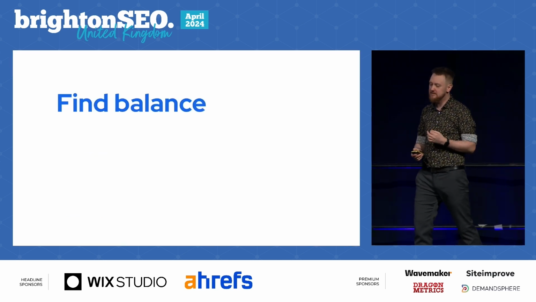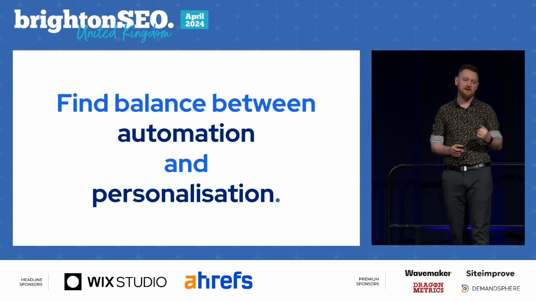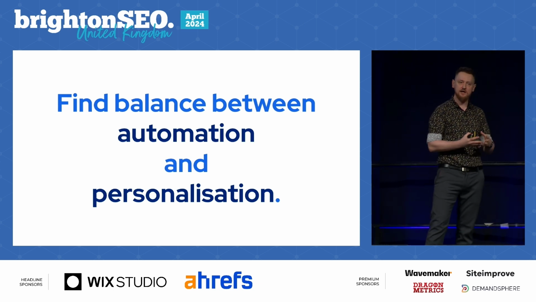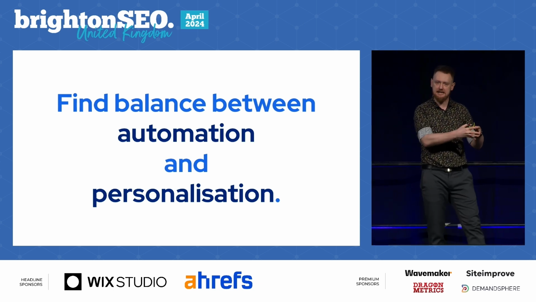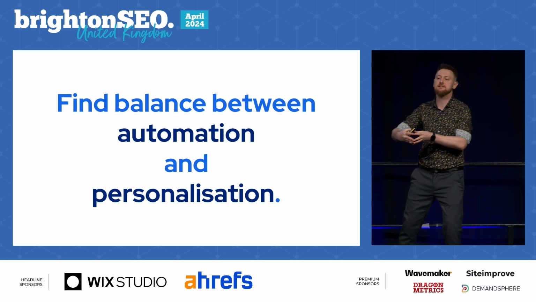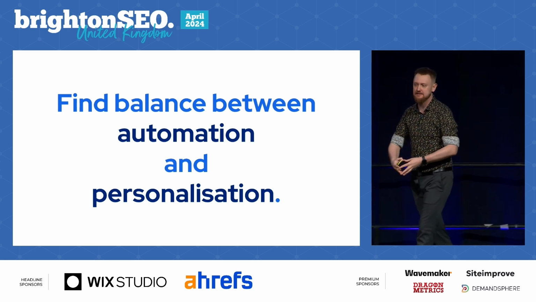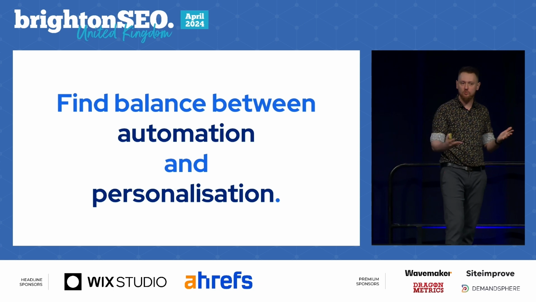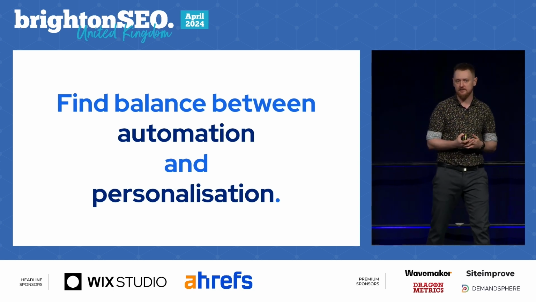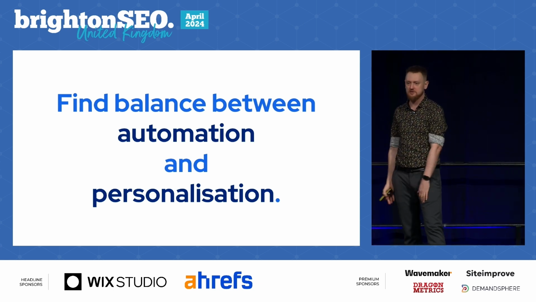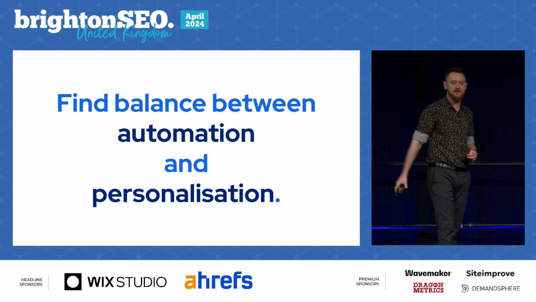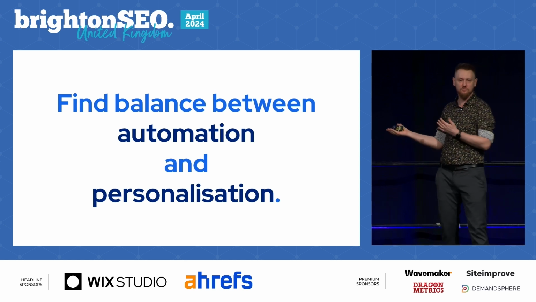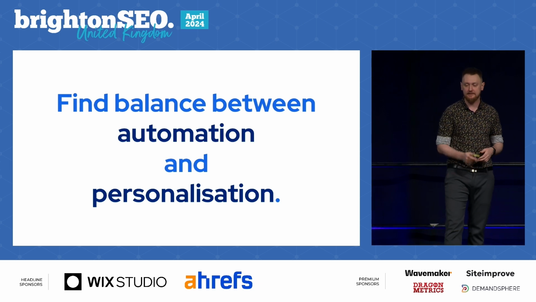However, what I always say is you have to find balance between automation and personalization. If you find something that automation and AI can generate for you and it makes sense for the users, and it works for your website, then that's great. Google won't mind because the users are liking it. However, on the other hand, if you just chuck 5 billion gazillion AI-generated pages straight up on your website, then this is when Google will definitely not like it.